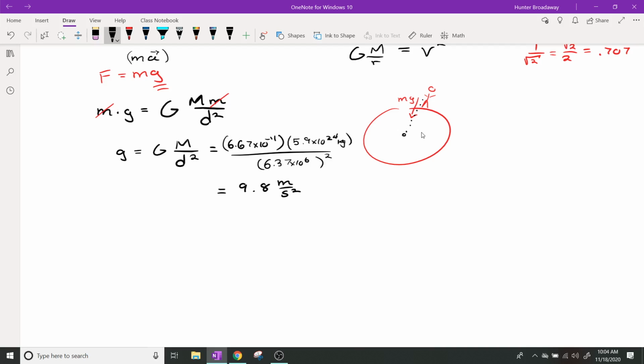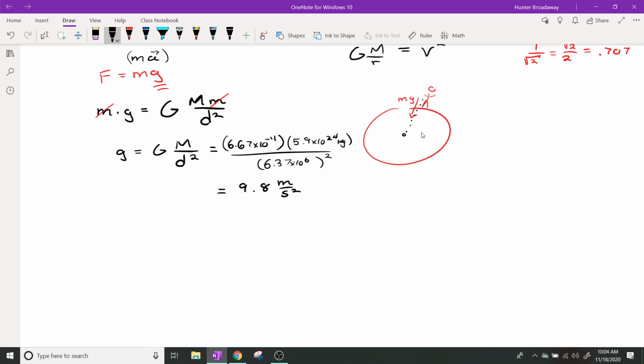Did you use all the decimals? Are you sure? Times 10 to the 24th. Yeah, he's really close to 9.8. Divided by 6.37 times 10 to the 6. Yeah, 9.7, right? Meters per second squared.